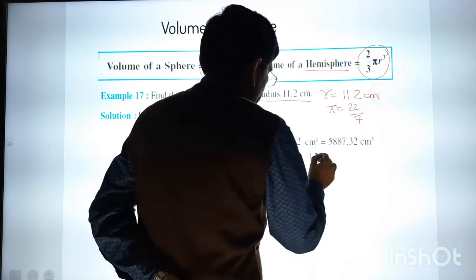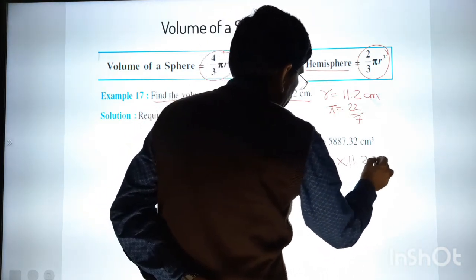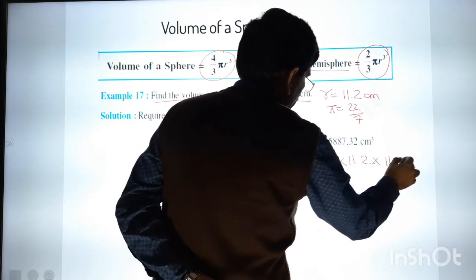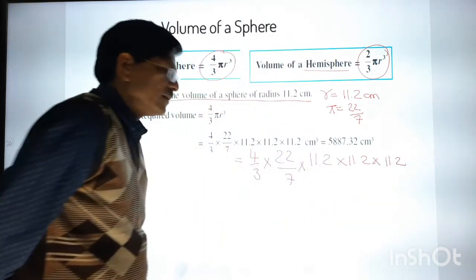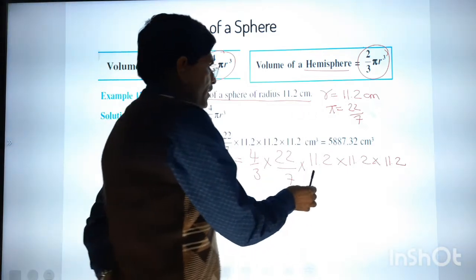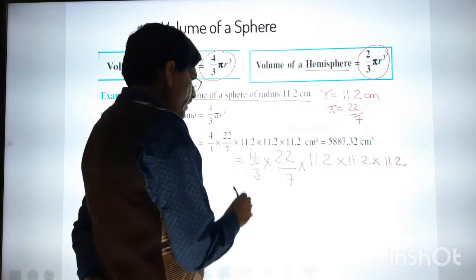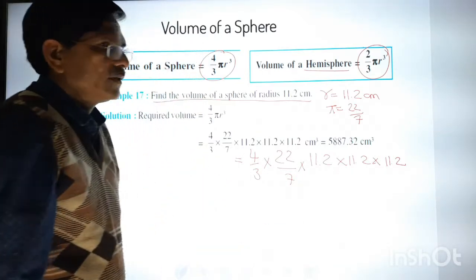I have to write 11.2 three times. You know how to multiply this. So you have to multiply 11.2 into 11.2 into 11.2, and then 88 divided by 21.